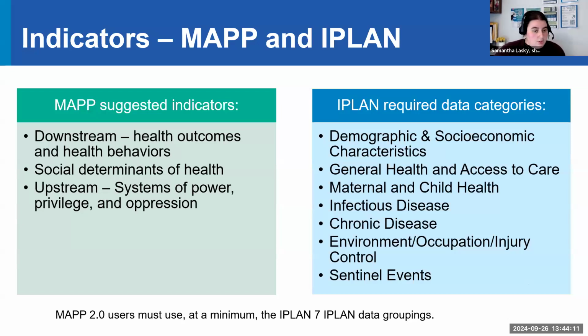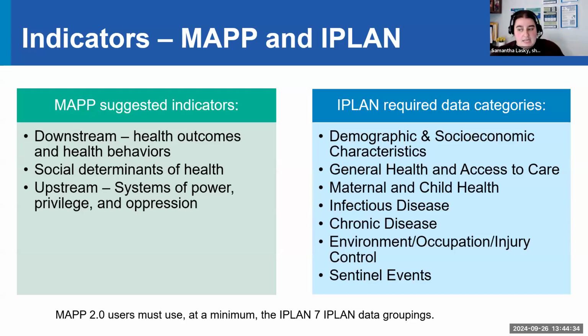They suggest downstream indicators such as health outcomes, health behaviors, and social determinants of health. And as a reminder, the IDPH Illinois State Health Improvement Plan has social and structural determinants of health as a cross-cutting issue, and upstream indicators such as systems of power, privilege, and oppression.